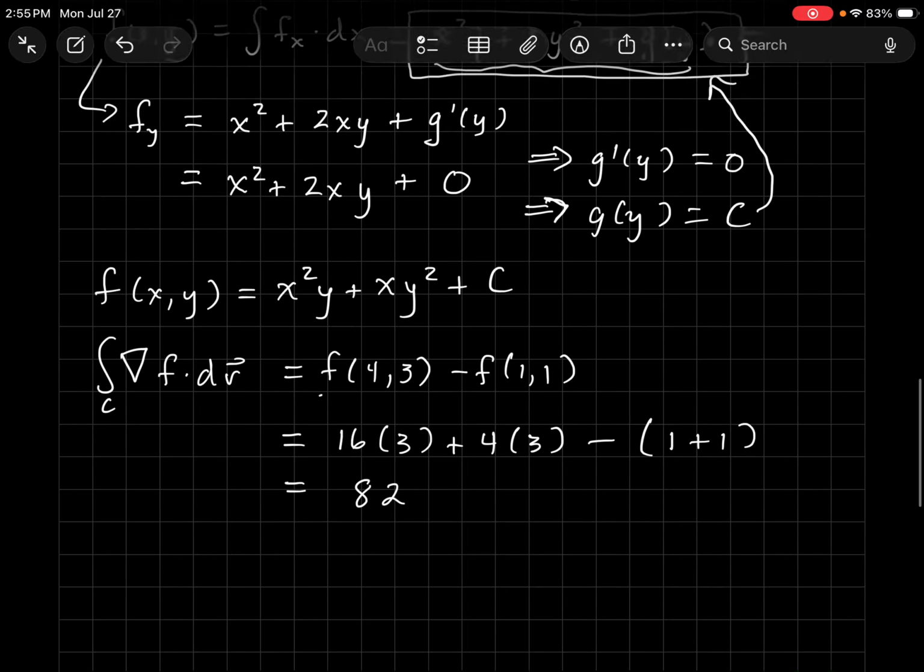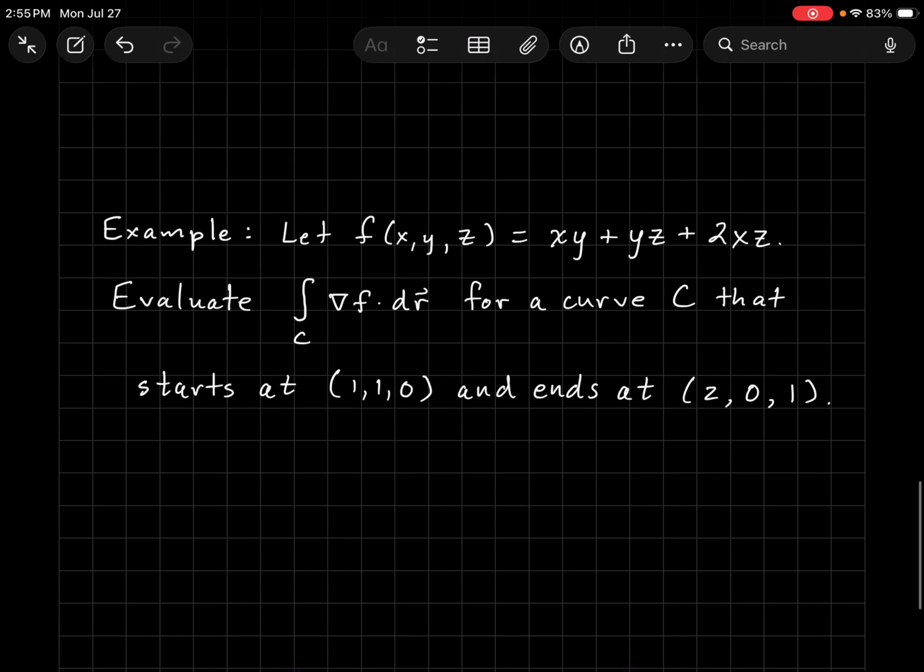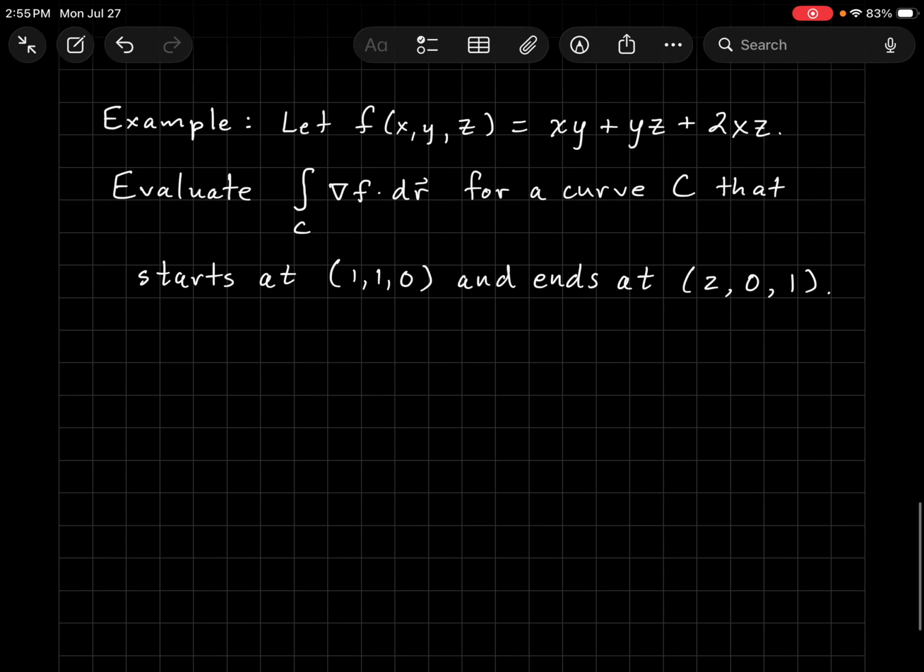Let's take a look at a much simpler example. Let f(x, y, z) equal xy + yz + 2xz, and we want to evaluate the line integral of the gradient of f dot dr, for any curve that starts at (1, 1, 0) and ends at (2, 0, 1).